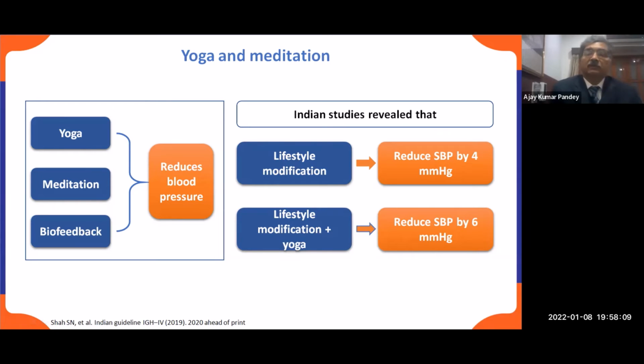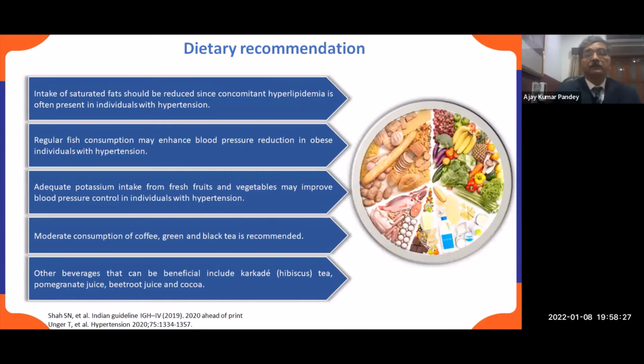If you do it without yoga, it is less. A lot of studies have been done from the National Institute of Mental Health and Neurosciences in Bangalore, and they have done this meditation and biofeedback mechanism. Biofeedback also is very, very important, and those who are having stress-induced issues can learn how to do the biofeedback mechanism.